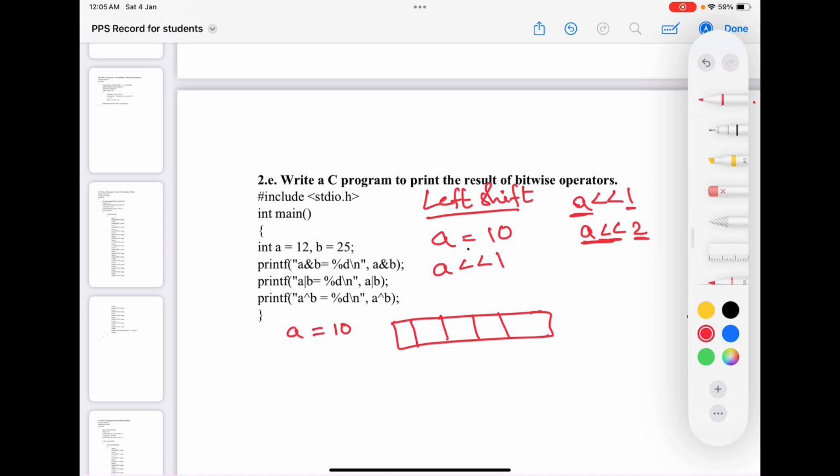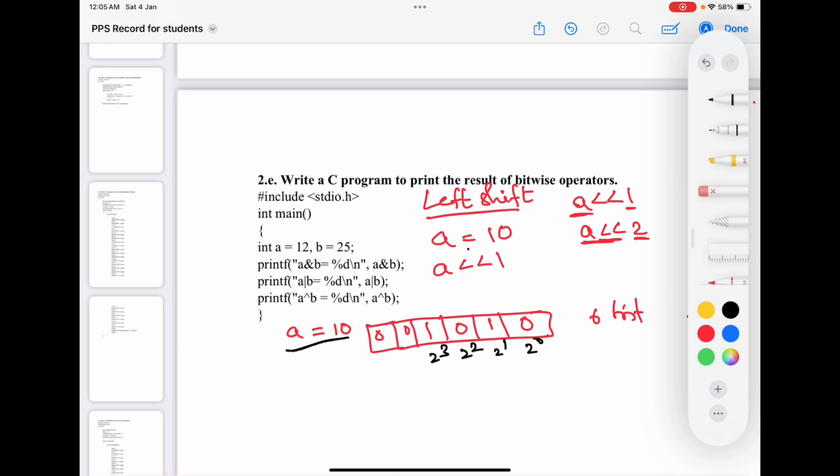Now the A value is 10. 10 is indicated in binary as 1010. These empty cells are zeros. So I have taken a 6-bit stream, but actually I need only 4 bits. So it is 2 power 0, 2 power 1, 2 square, 2 cube. 2 cube is 8, plus 2 is 10. So the value is A equals 10.